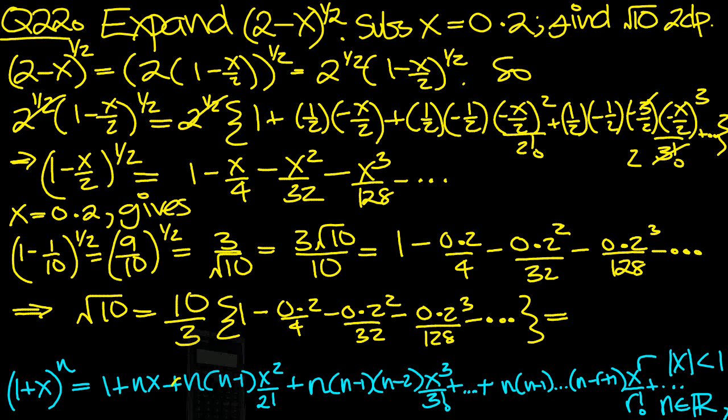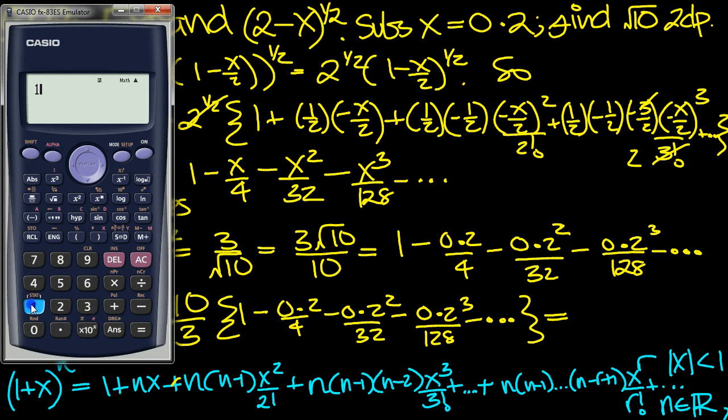So let's tap it in the calculator then. We've got 10 divided by 3 times bracket 1 minus 0.2 over 4 minus 0.2 squared divided by 32 minus 0.2 cubed divided by 128.